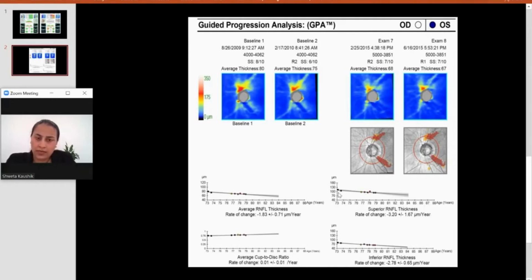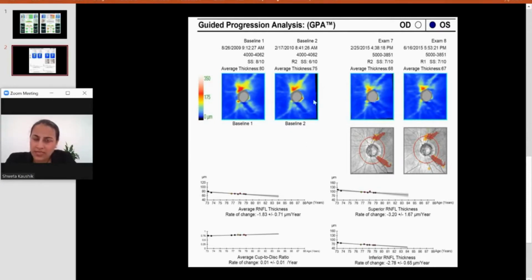This person first had tests at 73 and their last tests were around about 79 years. What's happened is that over time, the nerve fibre layer thickness has reduced as the patient has gotten older, both superiorly, at the top, and inferiorly at the bottom, and overall average.